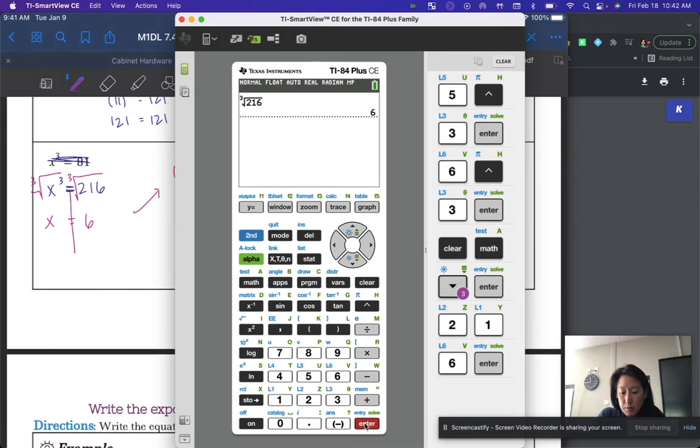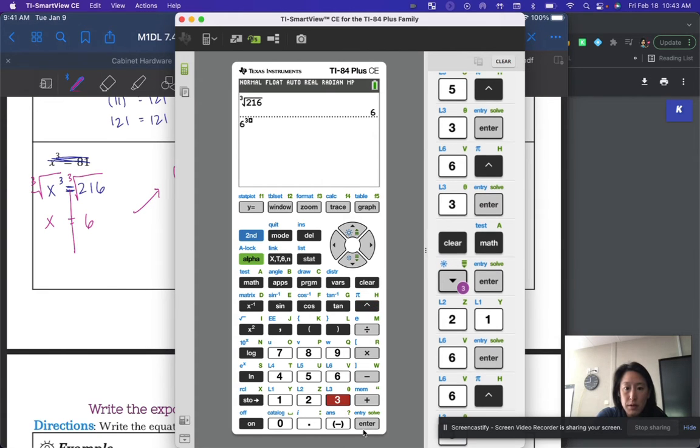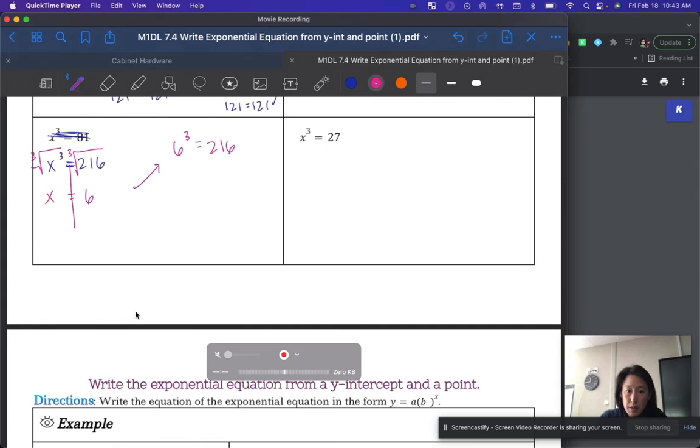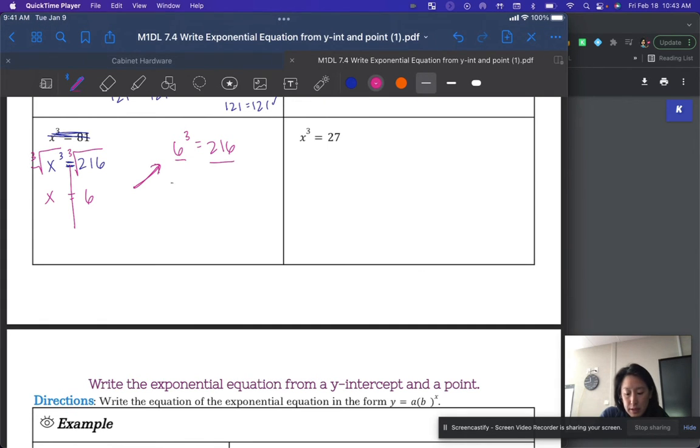So 6 cubed, 6 times 6 times 6, or 6 to the third power, is 216. I know 6 cubed is 216, so 216 is equal to 216. Okay, and this is just my check.